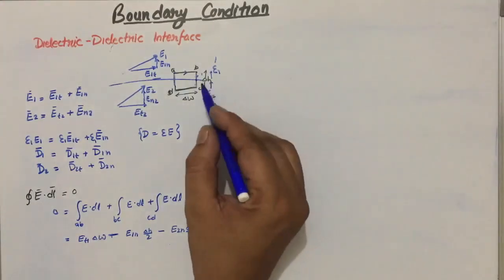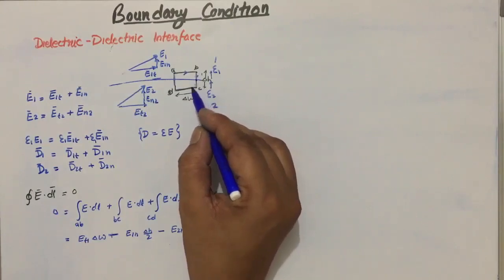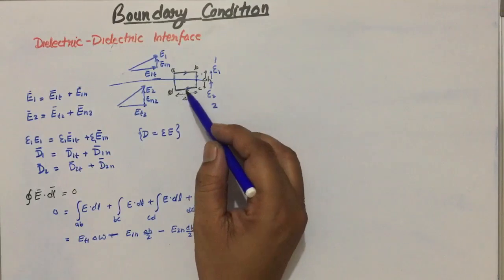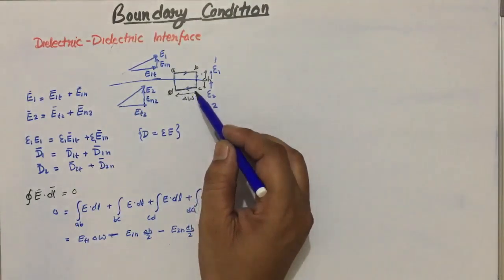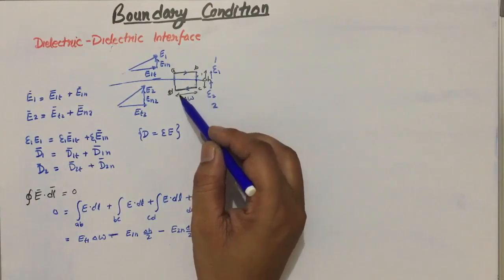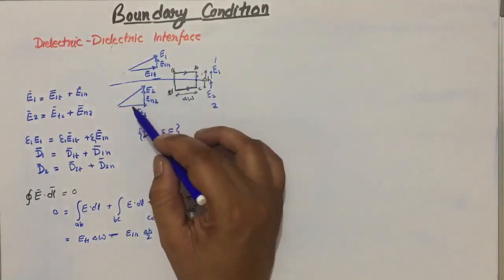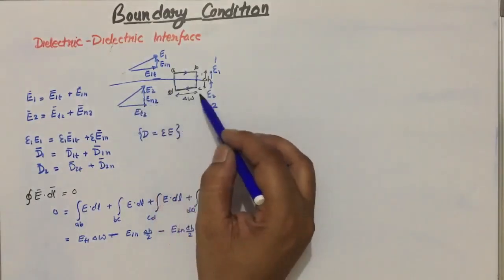Now you are at this point, you have to move in this direction. So in this direction, the del L will be in this direction, positive will be in this direction, and E will be in this direction from here. See, ET2 in this direction.